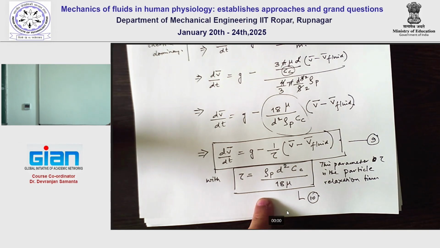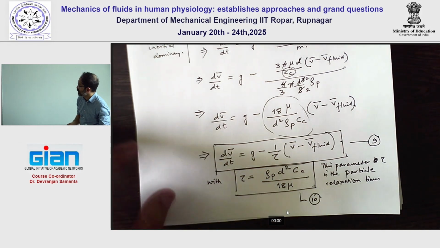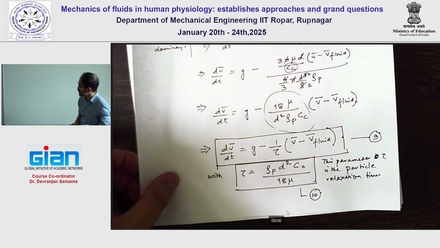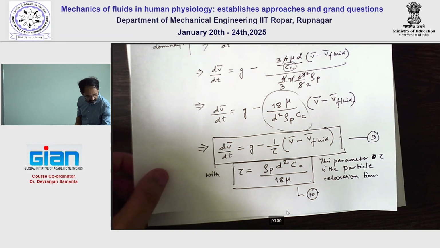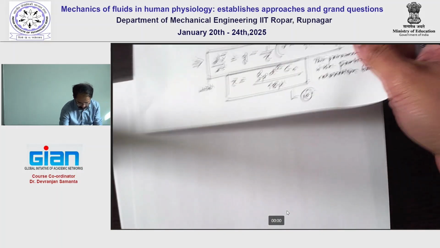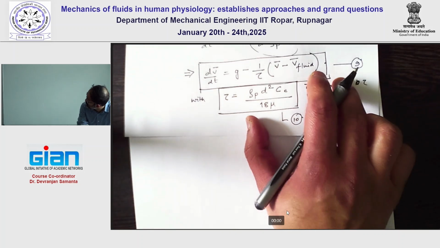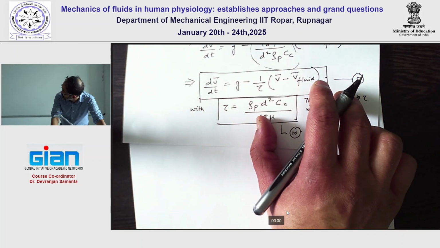Okay, so from here we are going to use this tau, but let's define a few other terms that we can use to non-dimensionalize these equations. So we are going to use equation 9 for the non-dimensionalization.